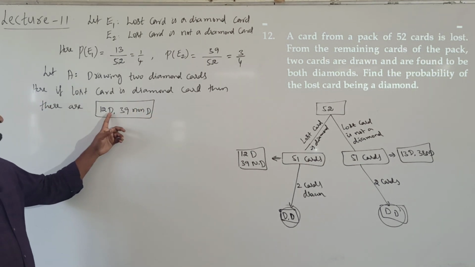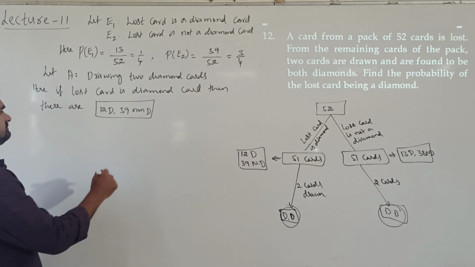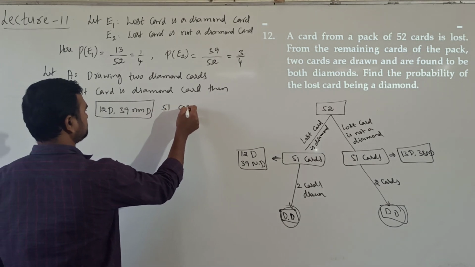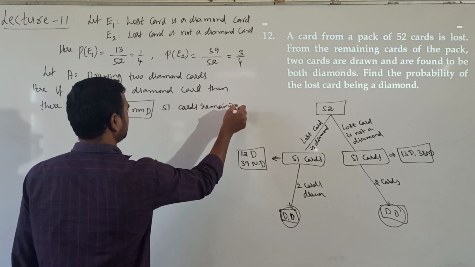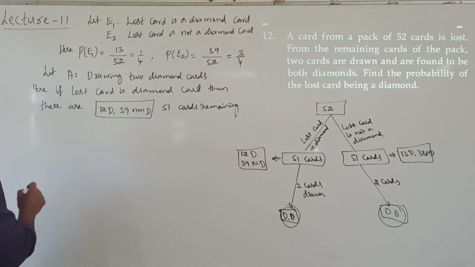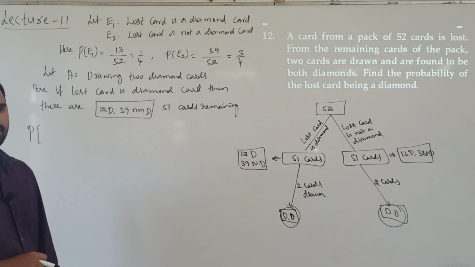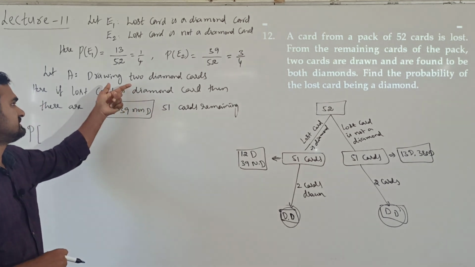Okay, so D indicates a diamond card, non-D indicates a non-diamond card. So there are 51 cards remaining. Right. Now what is the probability of drawing both as diamond cards in this first case?